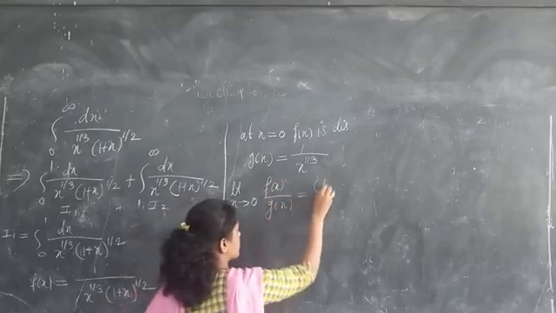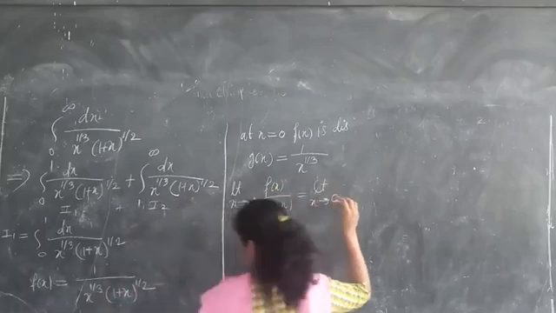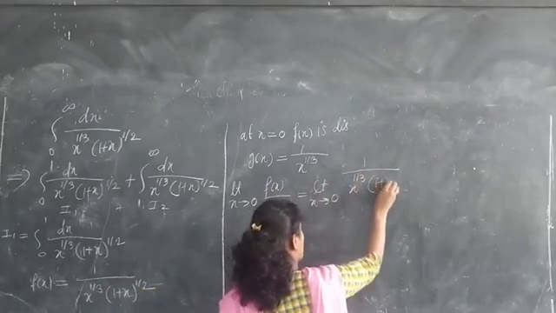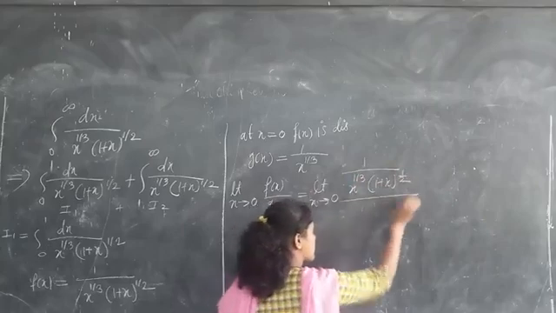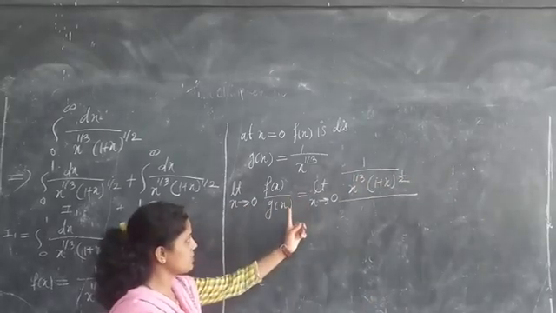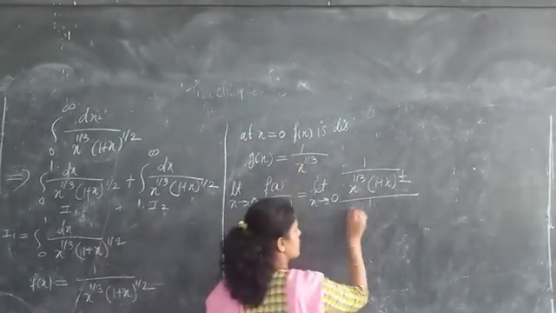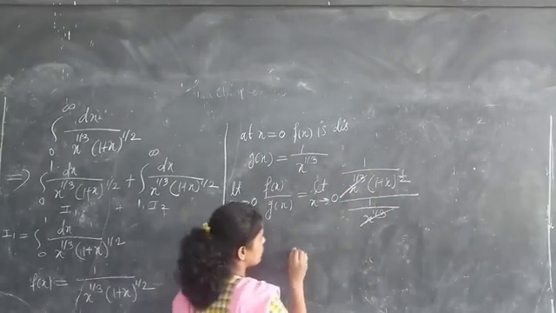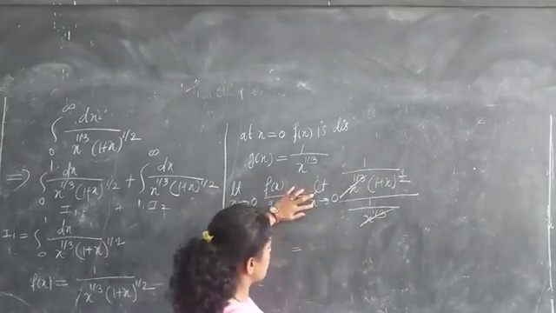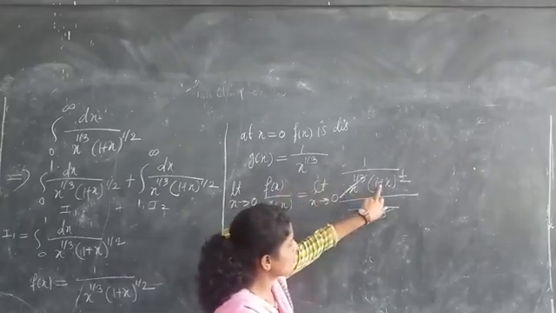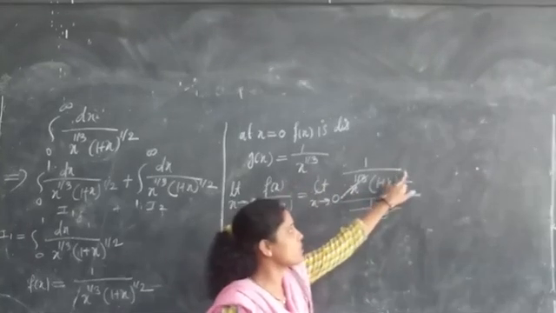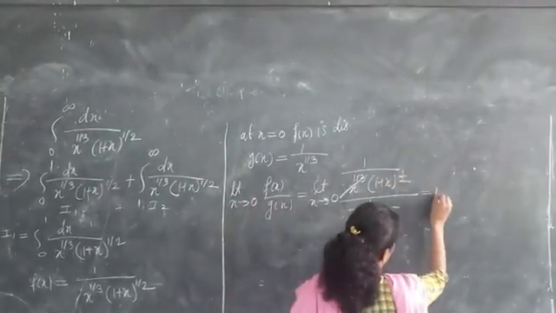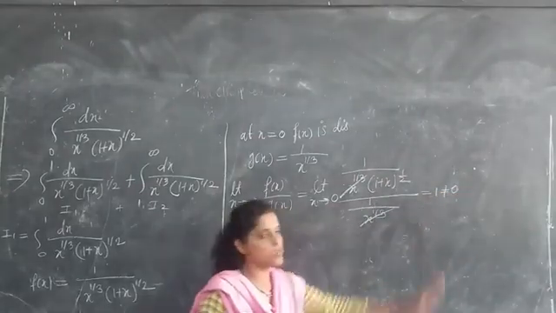Our f of x is 1 divided by x to the power 1/3 into (1 plus x) to the power 1/2, and g of x is 1 divided by x to the power 1/3. This cancels, so we are left with 1 divided by (1 plus x) to the power 1/2. As x tends to 0, 1 plus 0 is 1, and 1 to the power 1/2 is 1 only. So we get the limit equal to 1, which is not equal to 0 and is finite.